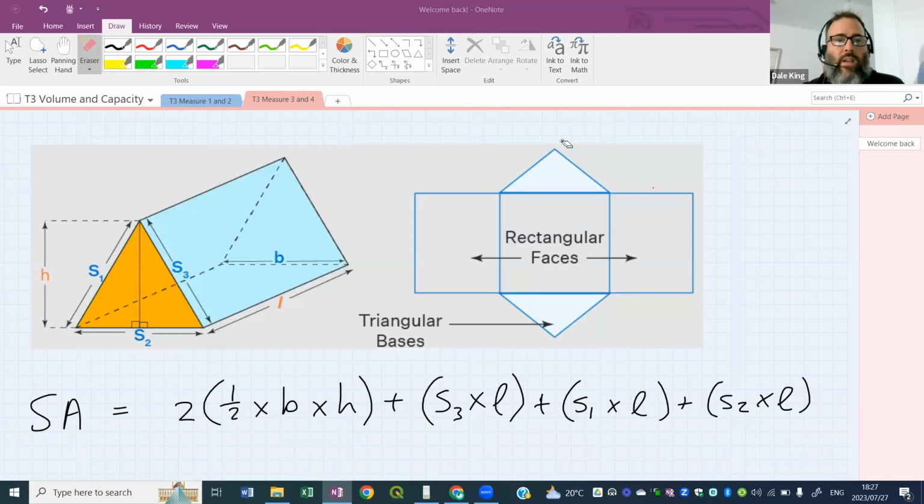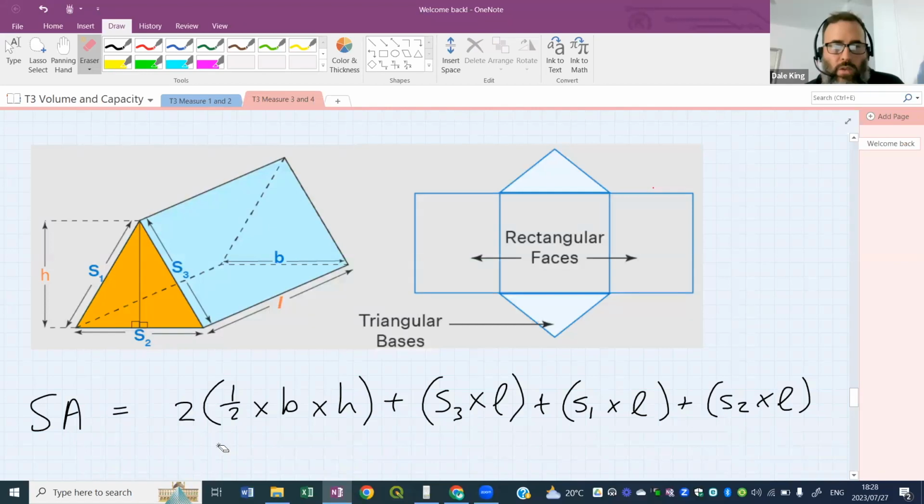No. This side S3 can be S1 and the bottom one can be S2. It doesn't matter which S you put inside the formula first, as long as you put one side of the triangle times the length, then the other side of the triangle times the length, and then the third side of the triangle times the length. You'll have covered all 3 rectangles in your formula.